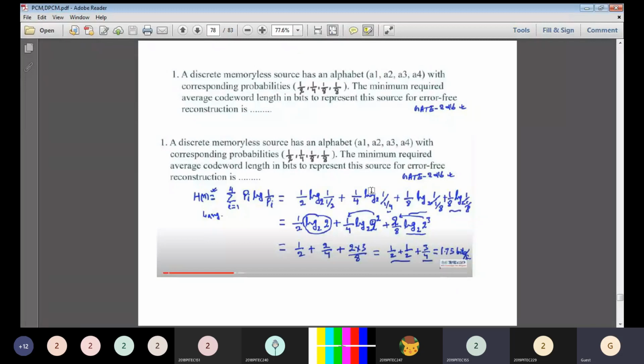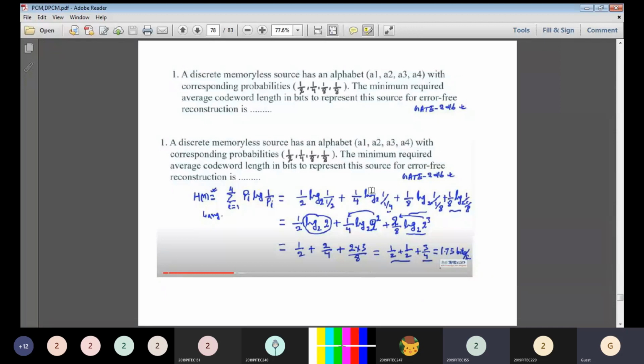The minimum required average code word length in bits to represent this source for error-free reconstruction is. They have mentioned average code word length. They are asking for the average code word length. Okay.